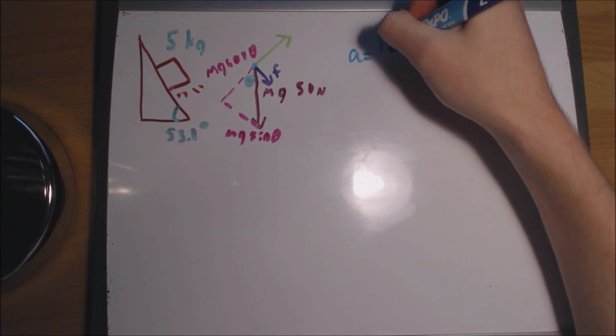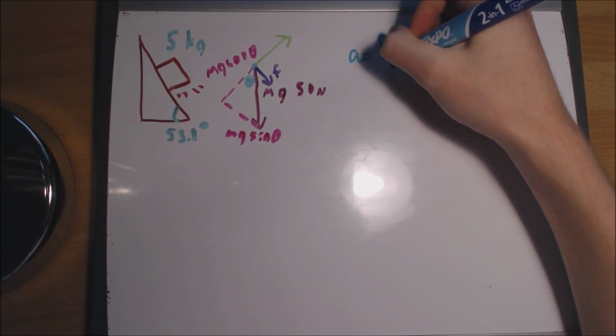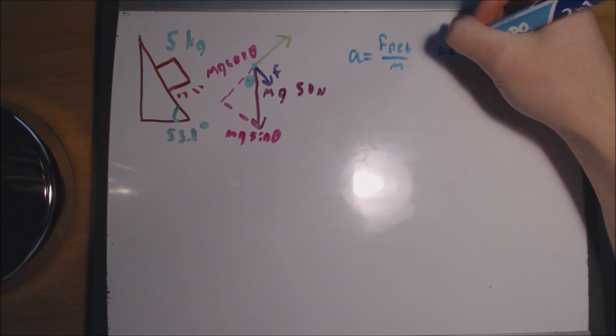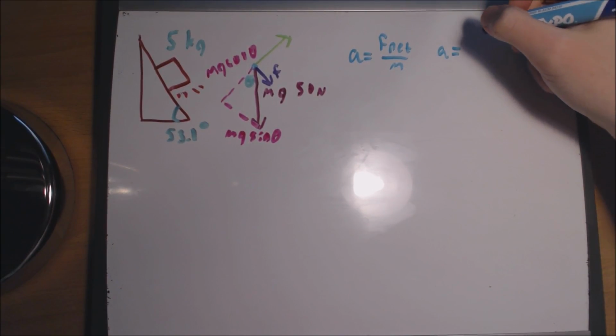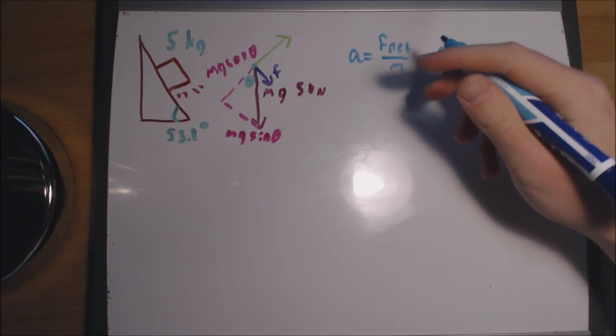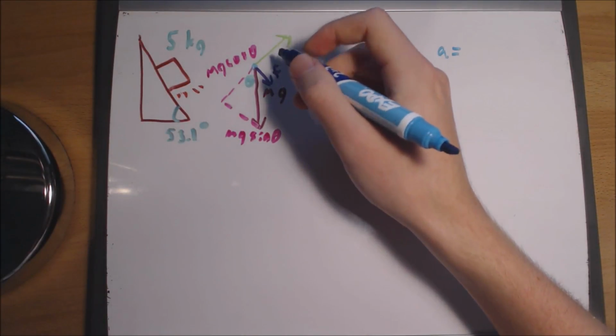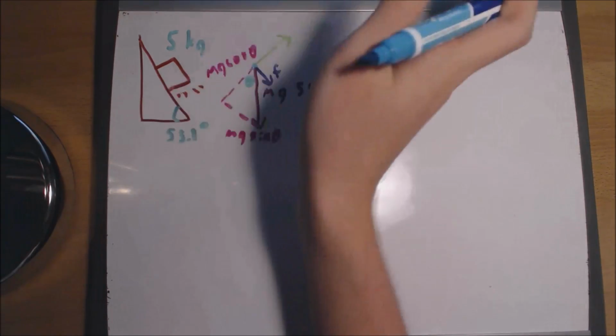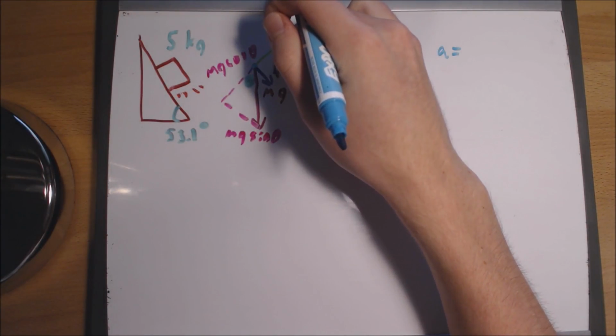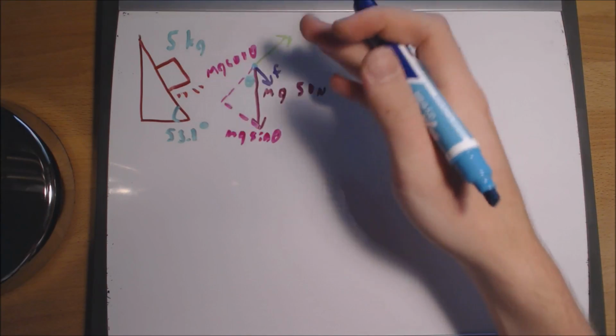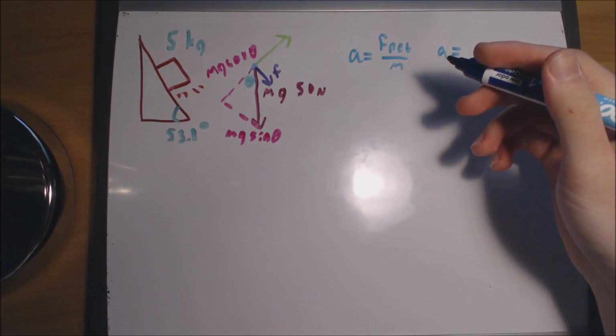Acceleration always equals F net over mass. That's just a given. In this situation, the normal force isn't accelerating anywhere that way, so the normal force and the mg cosine theta cancel out. So that's no net force there.